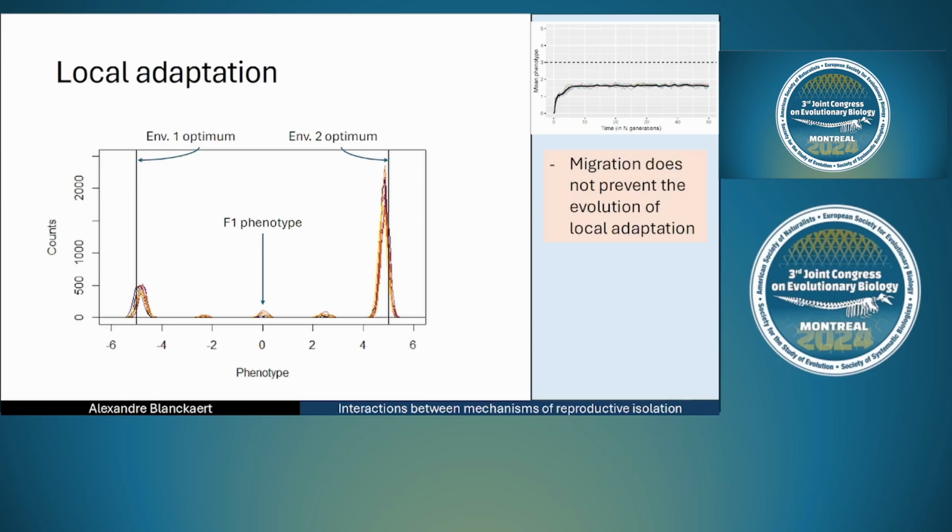And what we can see, we have four remarkable peaks, ones that correspond to individuals almost perfectly adapted to the environment in question, which is environment 2. We have a smaller peak much further to the right, which corresponds to basically migrant individuals or offspring of migrant individuals. And then you have F1 individuals and F2 backcrosses as well. So clearly, despite this really strong migration, we have local adaptation working quite quickly.